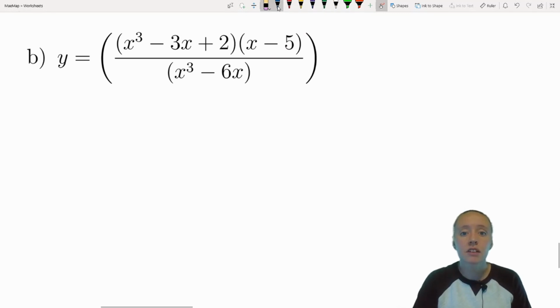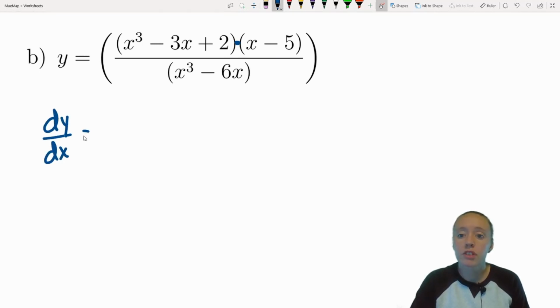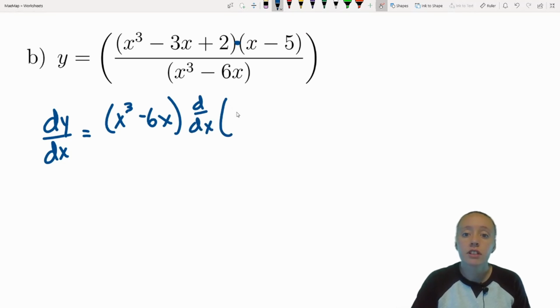And this is the case where we have a product within the quotient rule. So let's write out that quotient rule. When we take the derivative of y with respect to x, we do low, x cubed minus 6x, d high, so I'm going to take the derivative with respect to x of x cubed minus 3x plus 2 times x minus 5.